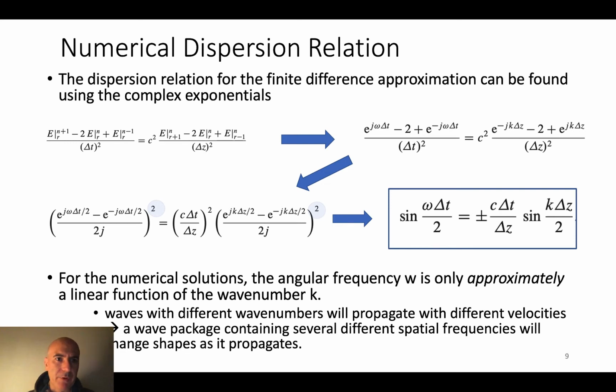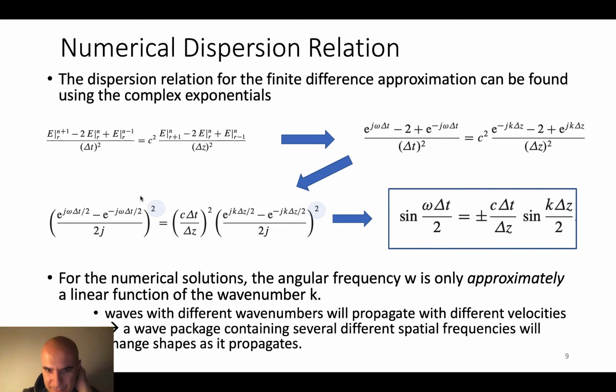So as we did before, we take our initial discretized equation, that is the one from the previous slide. We plug in an expression for E_r^n using the complex exponential. So here we replace these two expressions in the form of a square equation from here to here. And then we take the square root of this equation.